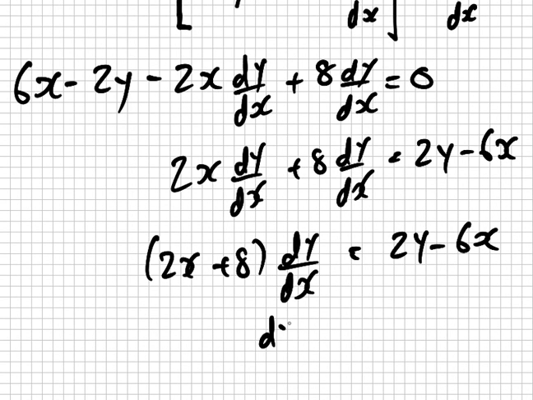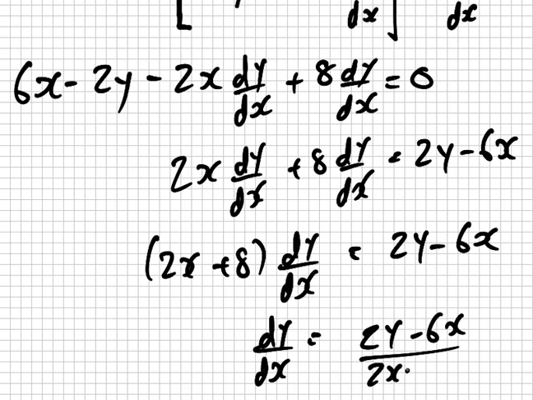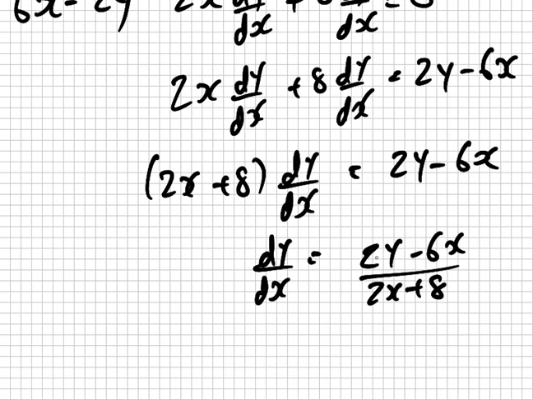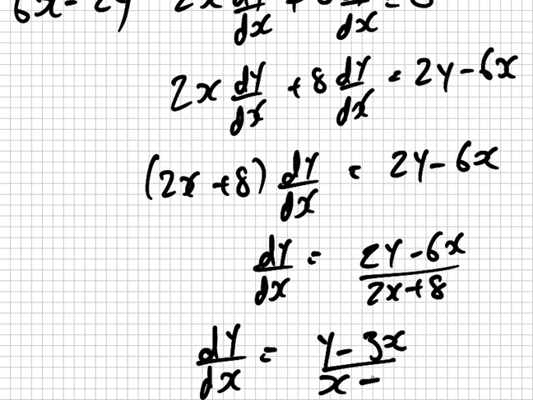So dy/dx equals (2y minus 6x) over (2x plus 8). Now I can cancel a 2 and I get my answer: dy/dx equals (y minus 3x) over (x plus 4). So that answers the first part.